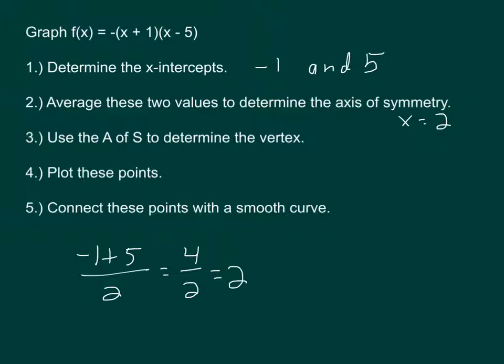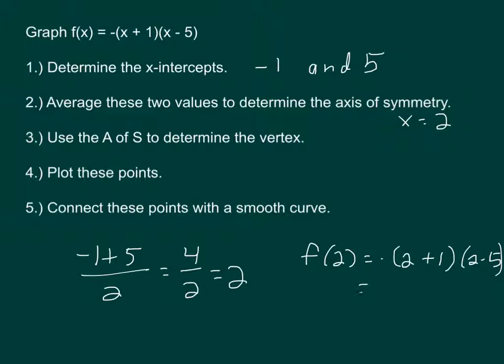Now I just need to find the vertex. I'm going to use the axis of symmetry, realize that goes through the vertex, and I'm basically looking to figure out what is f of 2, which is negative x plus 1, but instead of x, I want to plug in 2 there. And then times 2 minus 5.